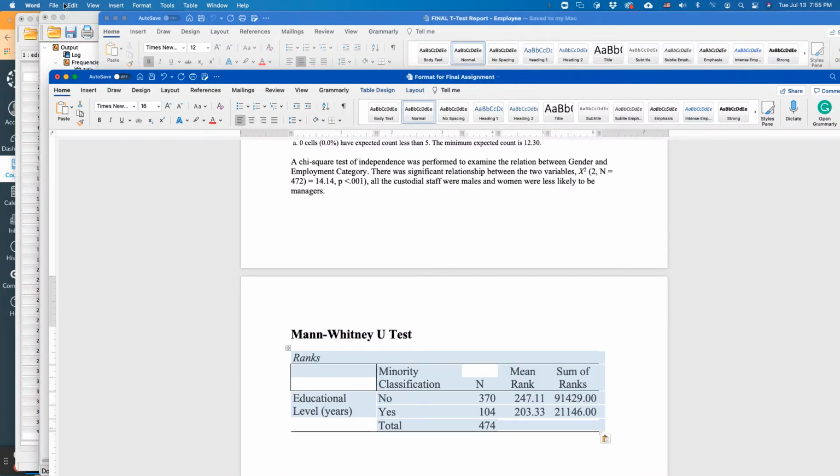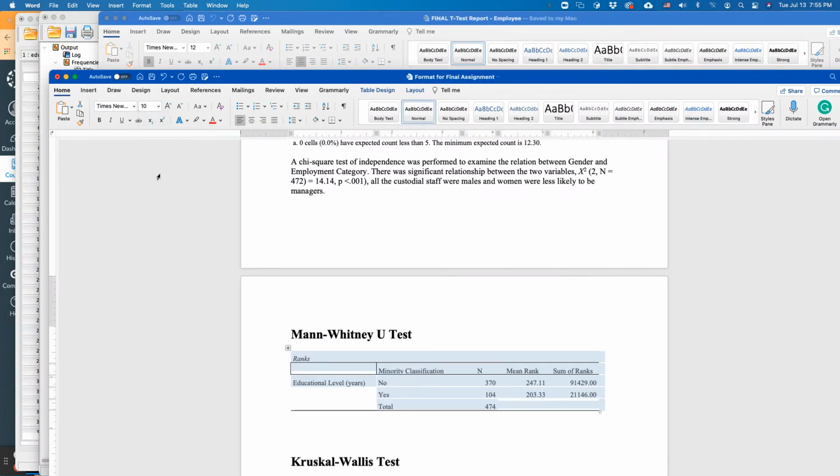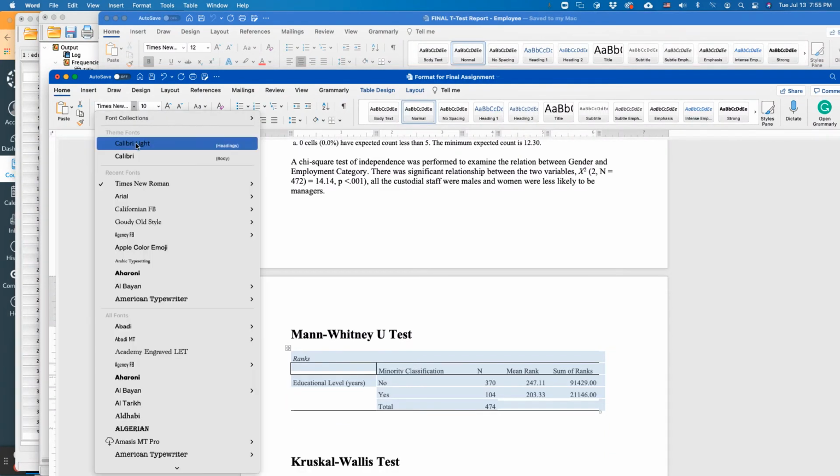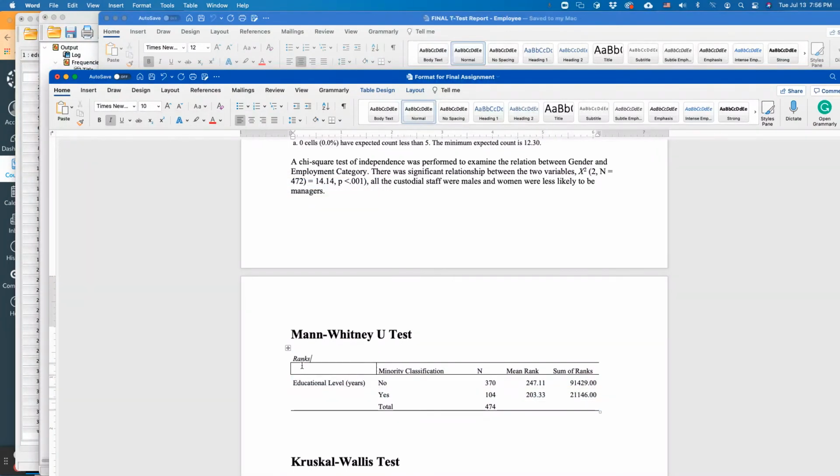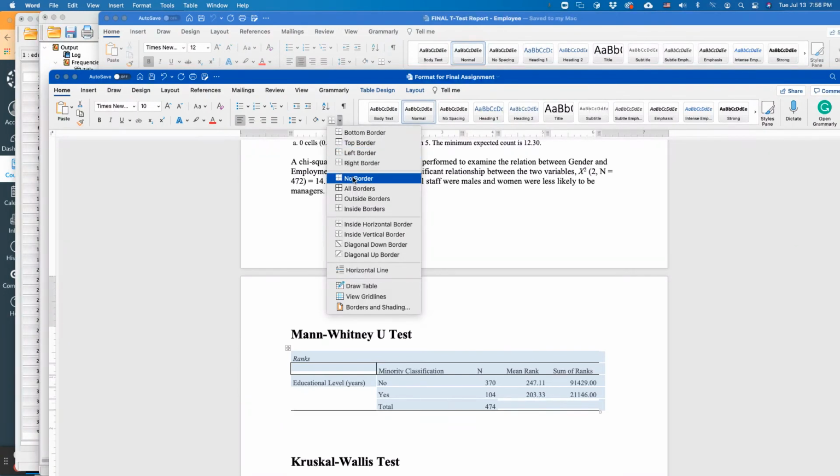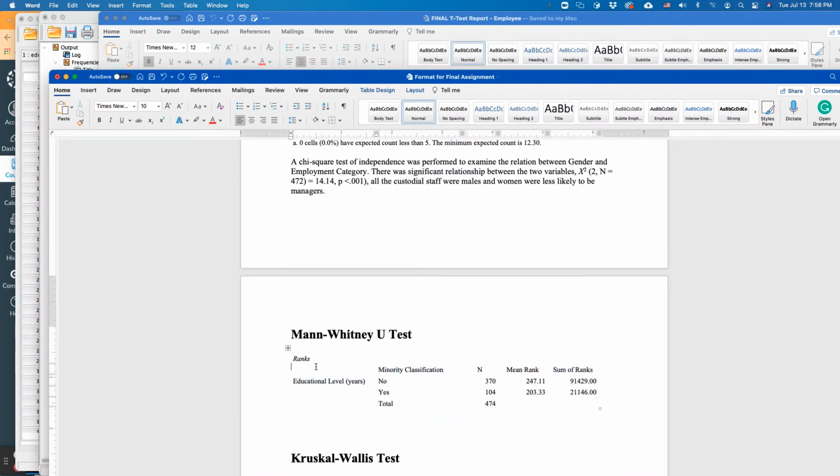And here we want to make sure we change the font, and APA does allow a size 10 font in the tables. But what we want to do is take off all these borders, because this is the only place that we actually want to have those borders, right?